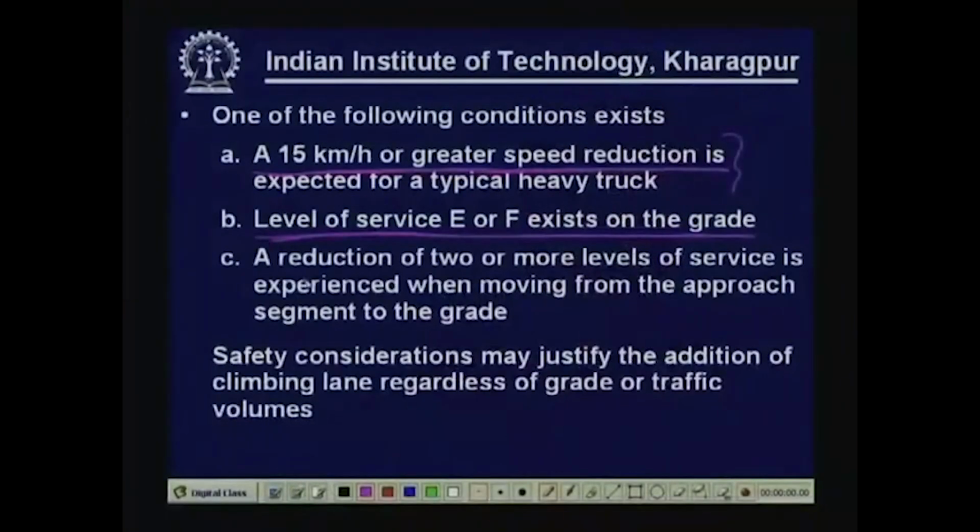Number 3, a reduction of 2 or more levels of service is experienced when moving from the approach segment to the grade. That means, when traffic is on the approach, it is enjoying a certain level of service. When it is negotiating the grade, is the change in level of service by 2 or more levels?